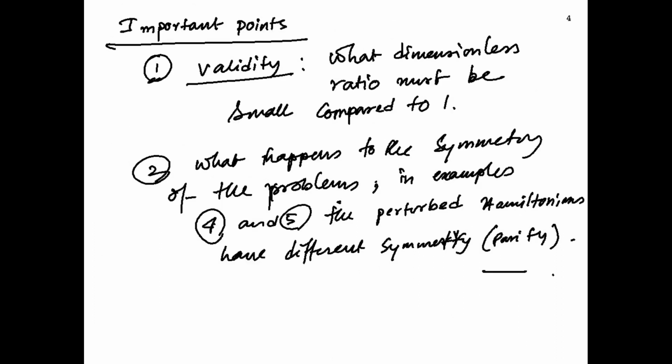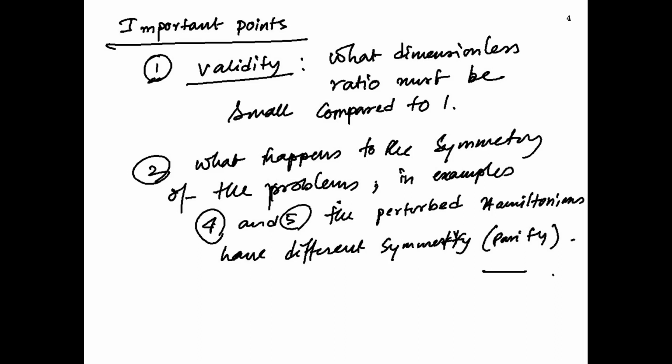Now let me mention some important points to keep in mind when you solve this problem. The first is the validity of the solution, of course, which is the most important thing, and you know how to do that. You know that the validity is given by the ratio of the perturbation strength to the energy gap of the levels. So the question is basically what is the dimensionless ratio which must be small compared to 1 in order for the perturbation to be meaningful.